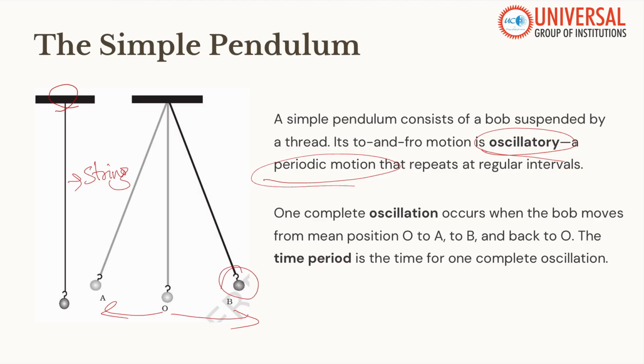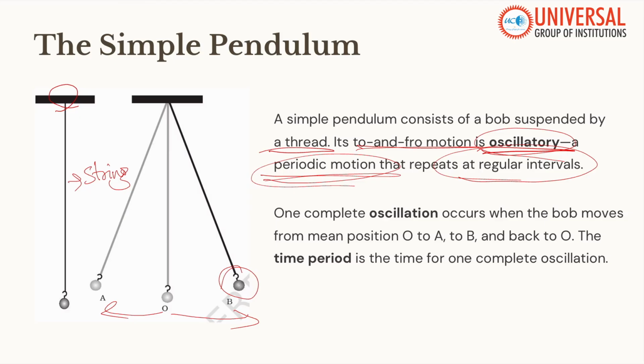When it moves from its mean position, it gives a to and fro motion, which repeats at regular intervals of time. The clocks which we are using now also have the same principle, periodic motion, where the motion repeats itself at regular intervals.